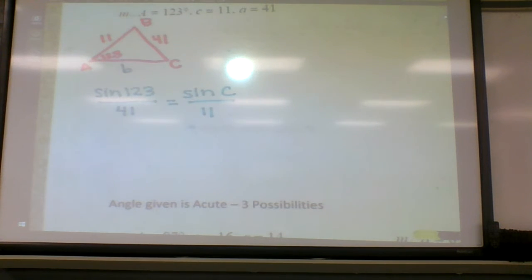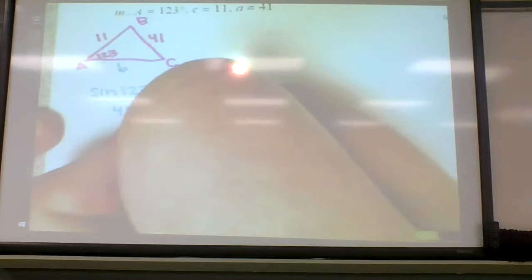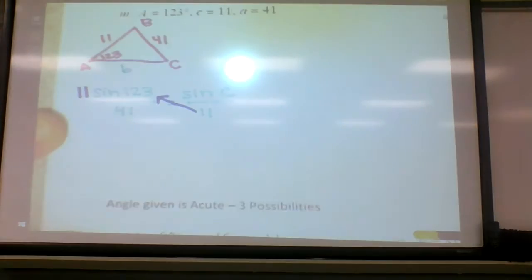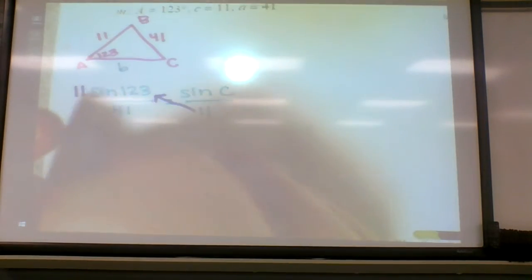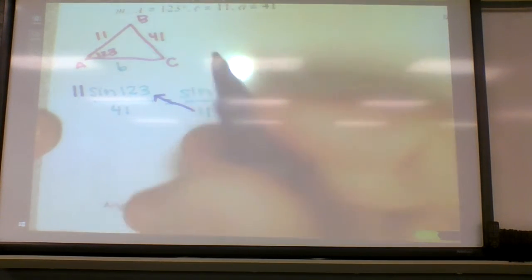Just multiply the fraction on the left by 11. Yeah, so you can move this 11 over here, right? When it comes over, it comes to the numerator. So we have 11 sine of 123 over 41. That's a number, and that equals the sine of C.